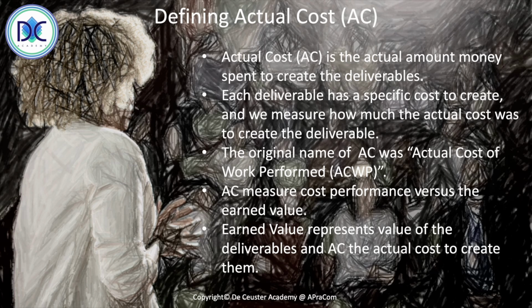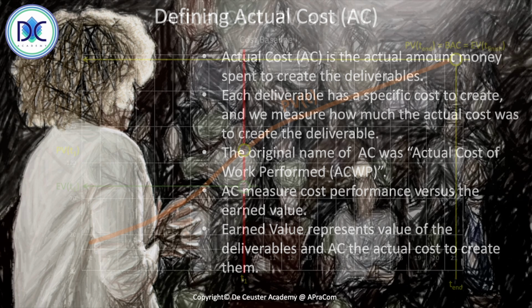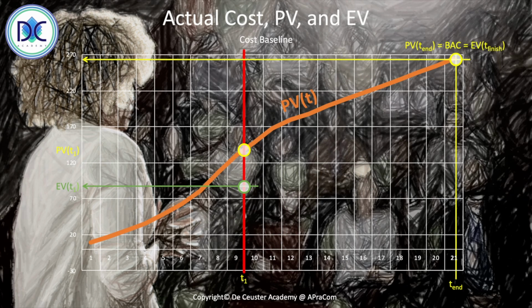On the graph, we can see the actual cost, the planned value and the earned value. In the previous graph, we already defined the earned value, and what we can do now is add the actual cost. We see the relation at time t1: our actual cost is higher than the earned value. This means that to create a deliverable, we paid more than its value, which is not really good.